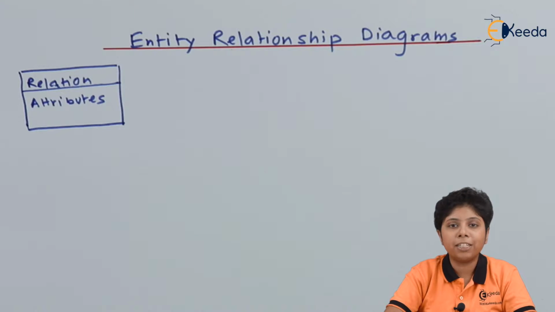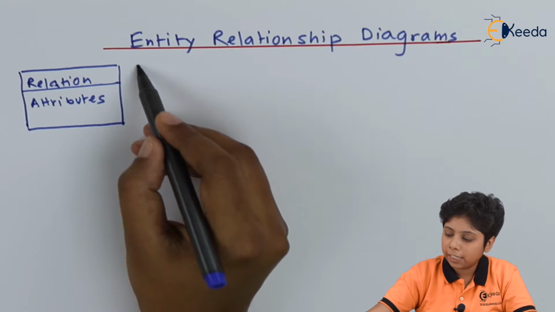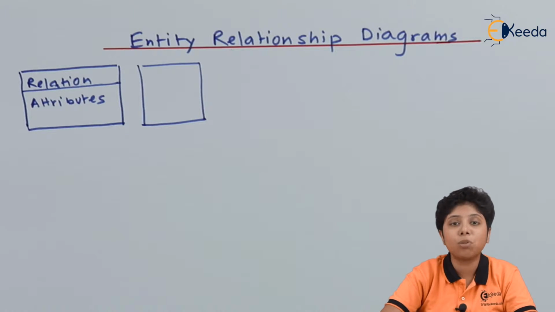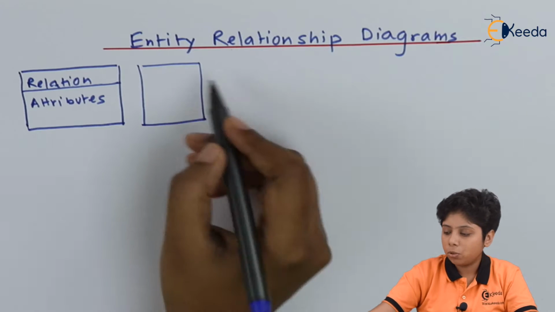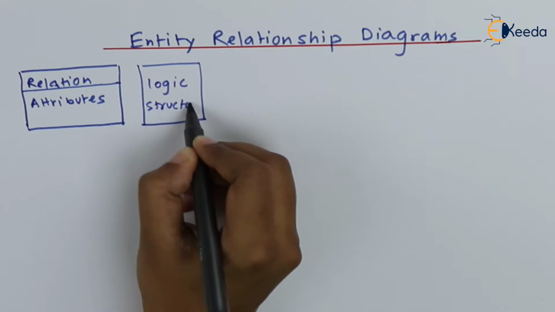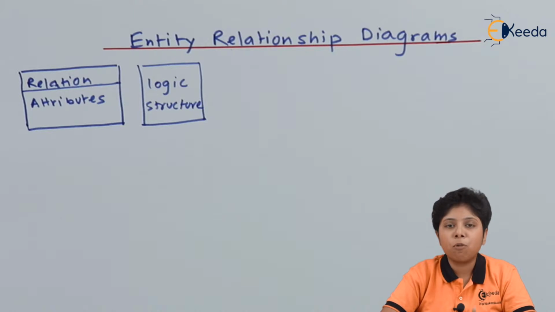Next we will move toward the undivided rectangle. Now, if the rectangle is an undivided one, it consists of some logic structures. It could be a program, it could be a statement, it could be anything, but it is a logic structure that an entity maintains, or we can say it is the behavior of an entity in the ERD.